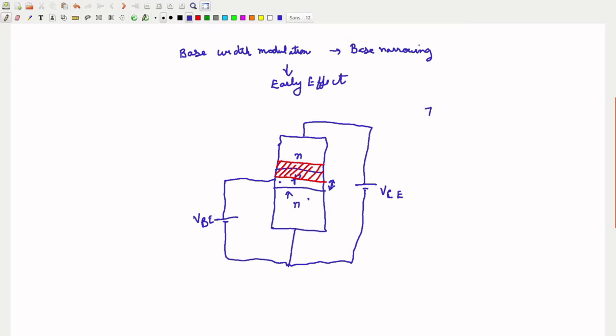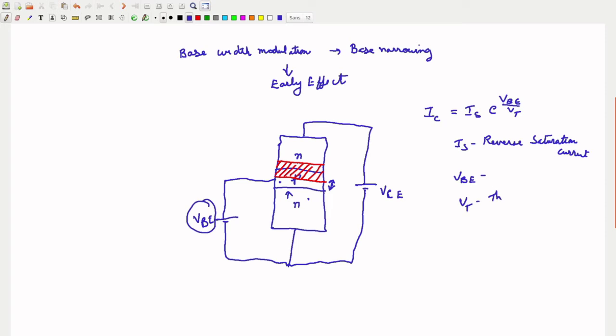As you all know, the collector current IC is equal to IS e raised to VBE by VT, where IS is the reverse saturation current, VBE is the applied base emitter voltage, and VT is the thermal voltage.